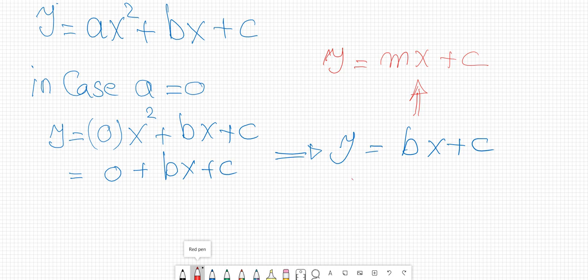That means it turns into a linear equation. Okay. Let us now have some examples and see how we could draw the function.